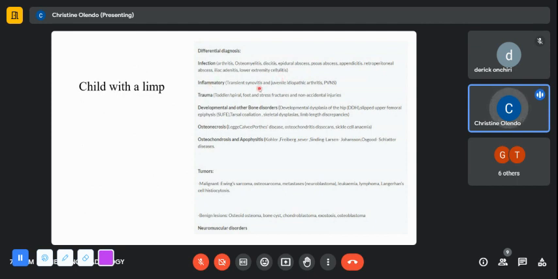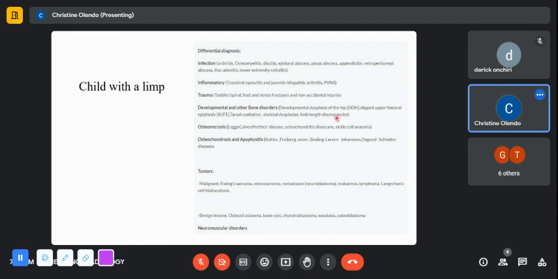In inflammatory, you have transient synovitis, juvenile idiopathic arthritis, and this was pilonodal. I've forgotten the full name for this, but I'll check. And then trauma, you have a fracture, so a toddler's fracture or a spiral fracture, a stress fracture, and also non-accidental injuries.